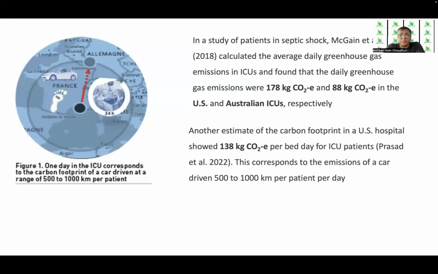This corresponds to an emission of a car driven 500 to 1,000 kilometers per patient per day. It clearly shows the magnitude of the problem, the amount of gases escaping as a result of specific activities in the ICUs, and nothing is lost. Energy is always there. So all of this continues to have an impact on the environment.